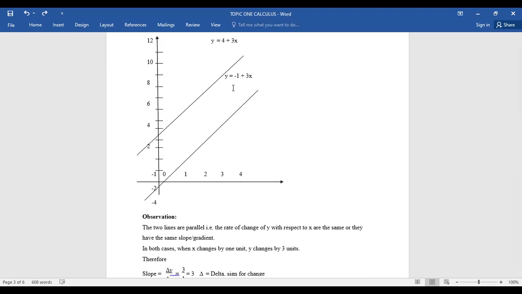On a keen look, we can say that the two lines are parallel to each other. But the reason why these two lines are parallel to each other is because of their gradient. So you can see the gradient.